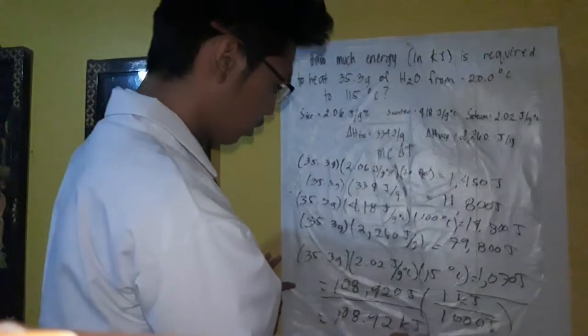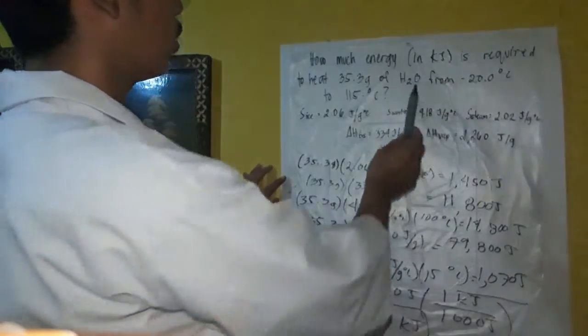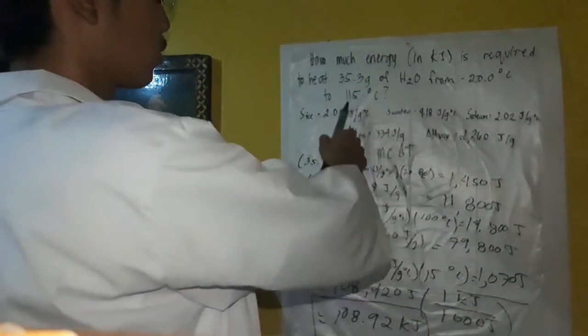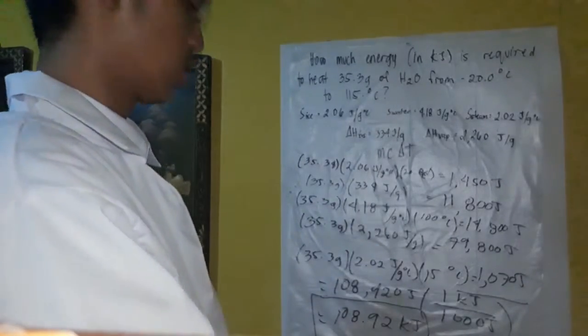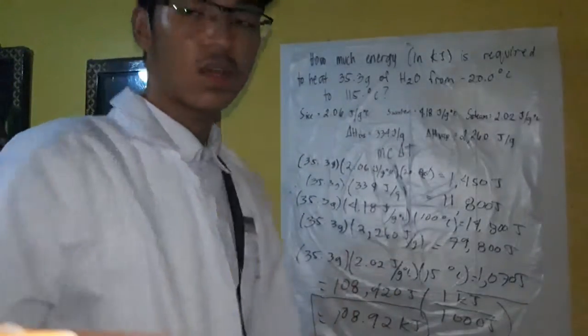So this is the energy needed to turn negative 20 degrees Celsius ice into steam at 115 degrees Celsius. So that's it. Let's now proceed to the third one.